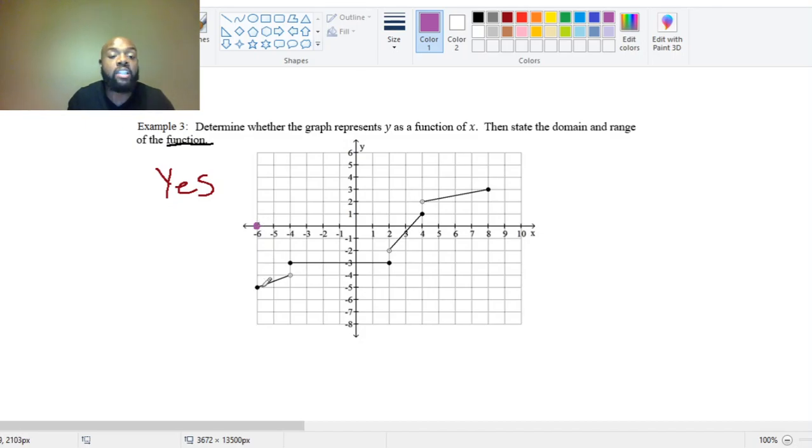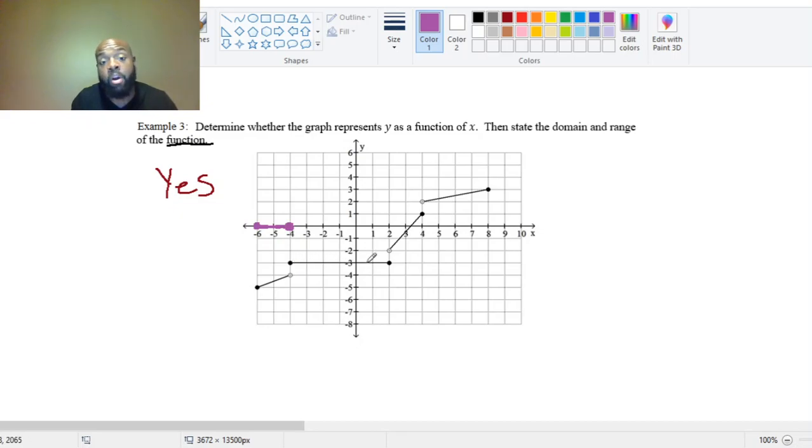All of these points on this line segment until I get to -4 have x coordinates between -6 and -4. Now, if I were focusing on this, I would use an open circle here at -4. However, this line segment starts with a closed circle at -4, so I can go ahead and close that in. So all of these x values between -6 and -4 are in my domain.